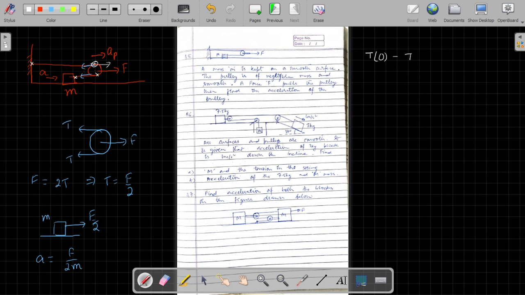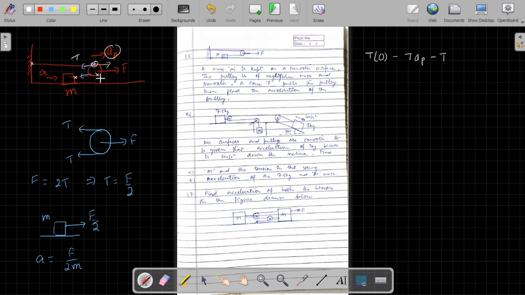This point is moving to the right with an acceleration of the pulley, which is AP, and the angle between the tension force and the acceleration of this point is 180 degrees. The pulley is moving forward, tension is acting in the backward direction, so there is a negative sign.